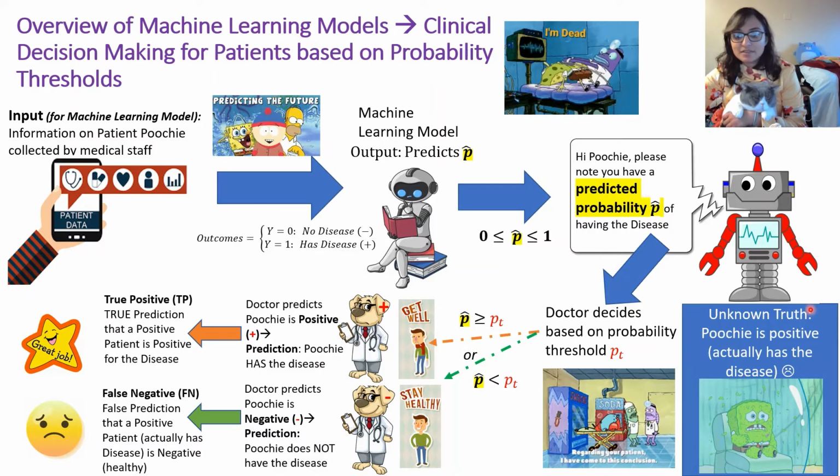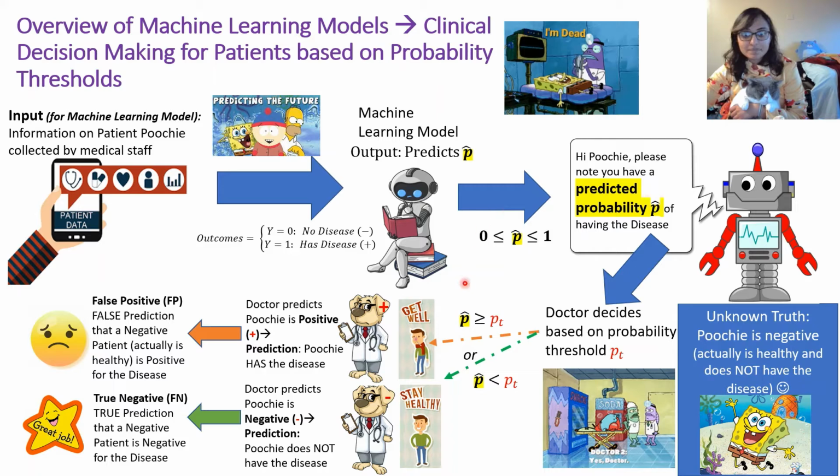Based on the unknown truth, if Pucci ends up being positive, the results can be true positives or false negatives, or if Pucci is actually healthy, the same predictions can be false positives and true negatives respectively. So we talked about this.